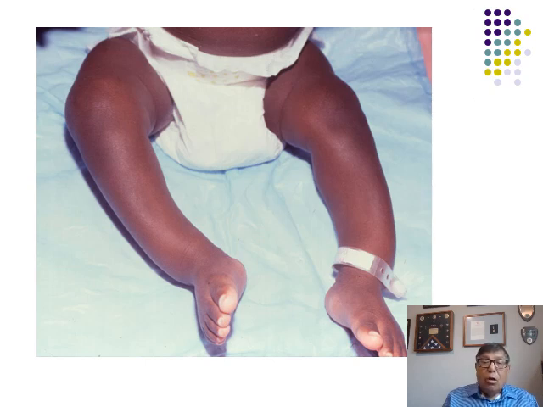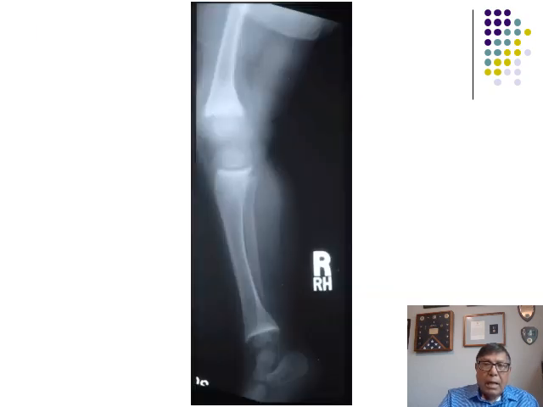Actually, many of my previous residents said that in their examination, either the test examination or the real board examination, they saw this x-ray. So please pay attention to this one, because this is one of the classics.